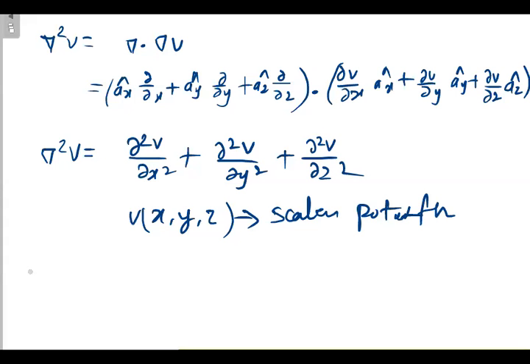Okay, this is for the Cartesian coordinate system. Next we have to write it for the cylindrical and then the spherical coordinate system. For a cylindrical coordinate system, this is 1 by rho, dou by dou rho of rho dou V by dou rho.